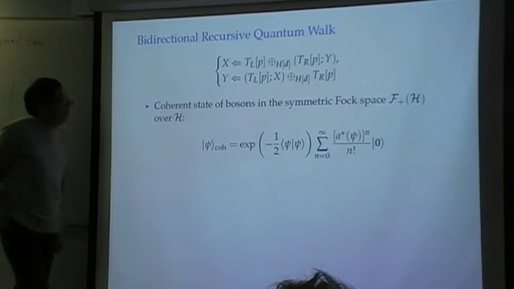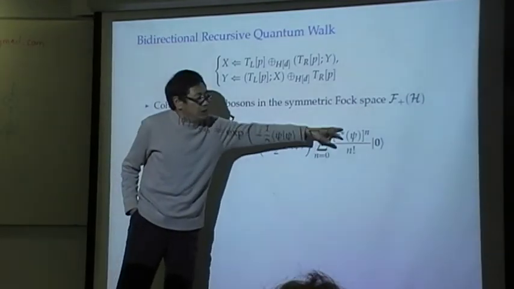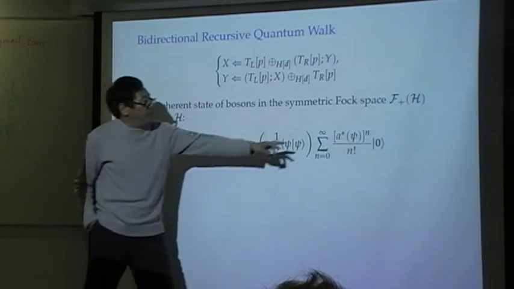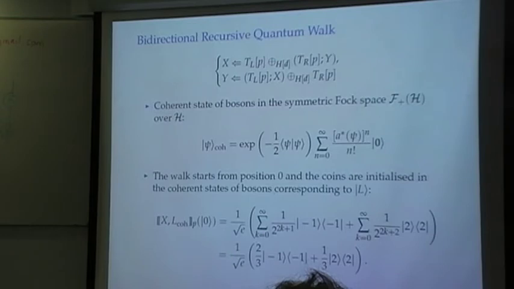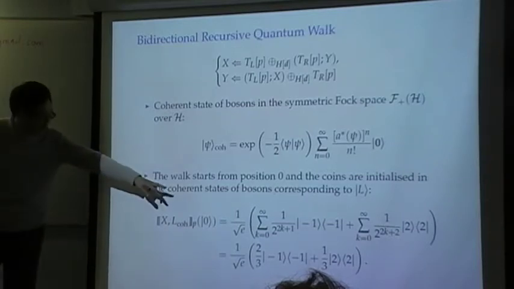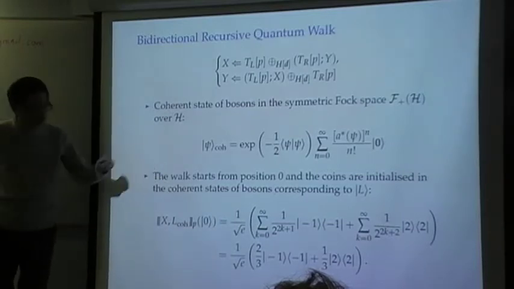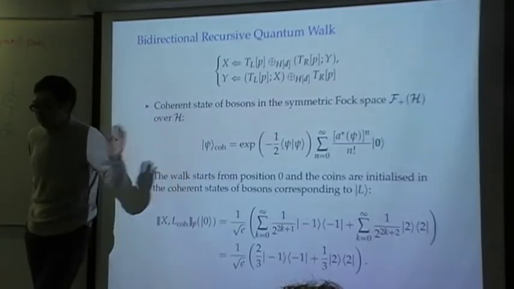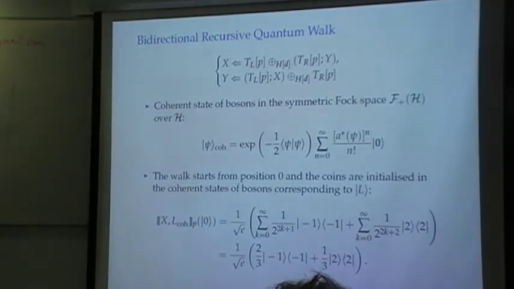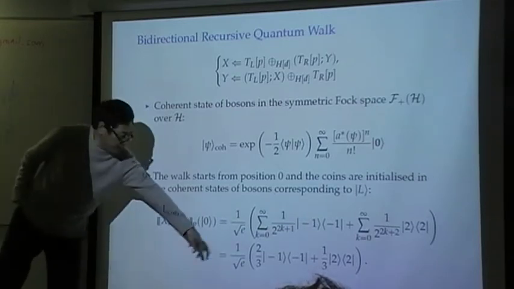Here you see A star psi, the creation operator applied n times. Now suppose this walk started from the position 0 and the coin is initialized in the coherent state of the boson corresponding to ket L. L is the left direction, and then we can compute the principal system semantics, which is this partial density operator.